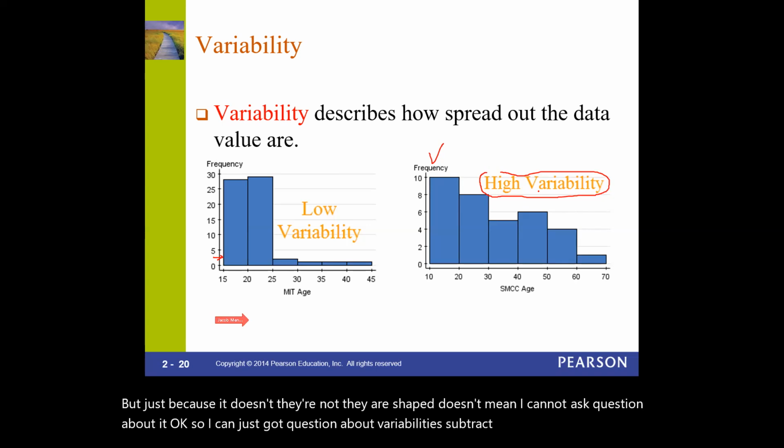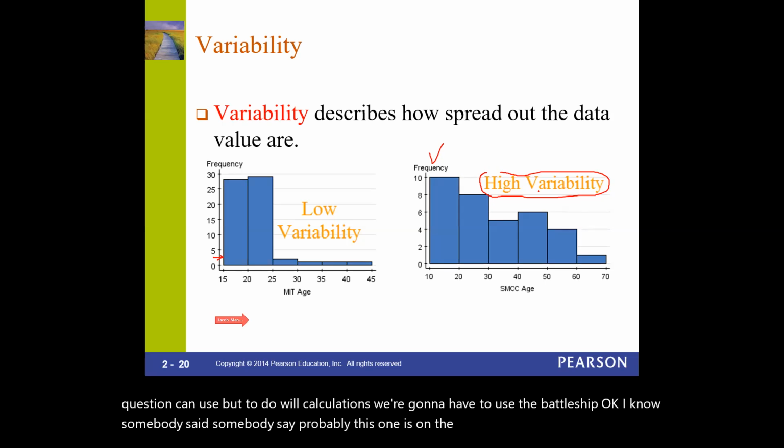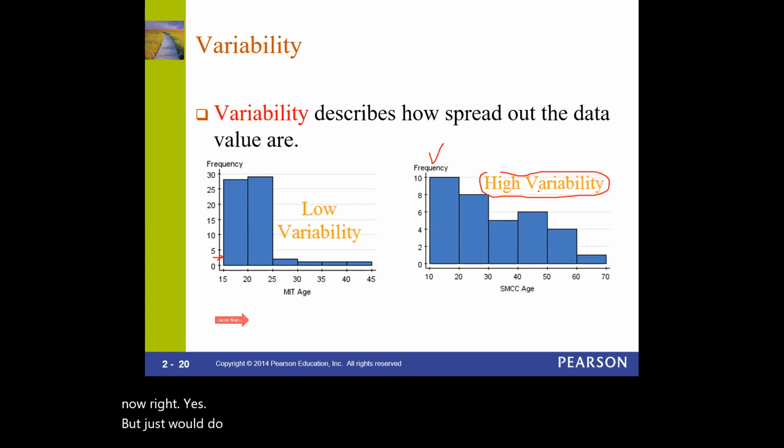Those questions can be used, but to do real calculations, we're going to have to use the bell shape. I know somebody might say this one is probably a bell shape. The one on the left side is right skewed, and the one on the right side is also right skewed. Both of them are right skewed. Yes, but for a specific type of question, I can talk about variability.